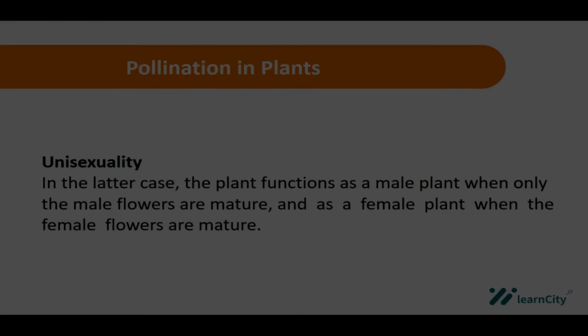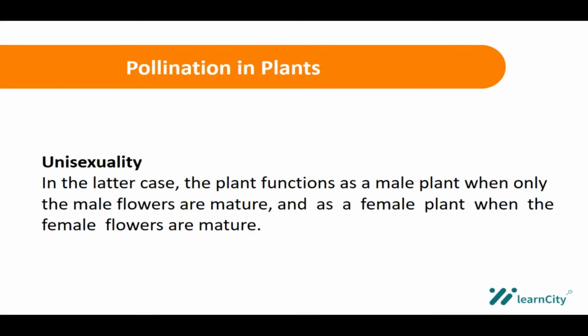So in that case, the plant functions as a male plant only when the male flowers are mature, and it functions as a female plant when the female flowers are mature. In monoecious plants, we have both the male and female flowers on one plant.